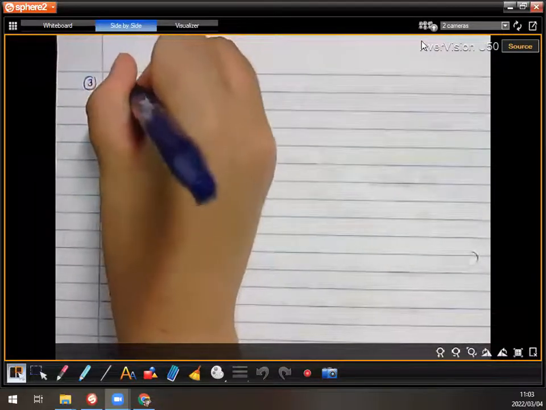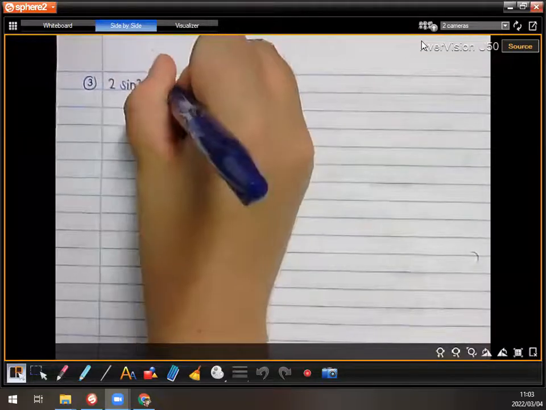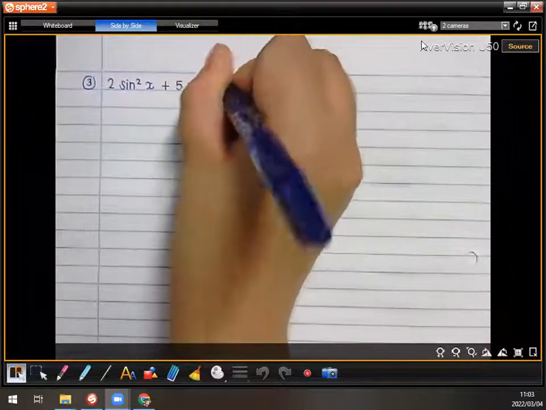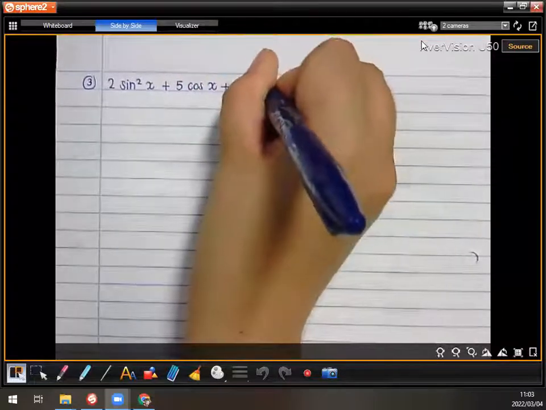2 sine squared x plus 5 cos x plus 1 is equal to 0.